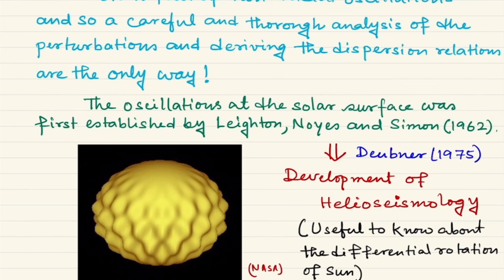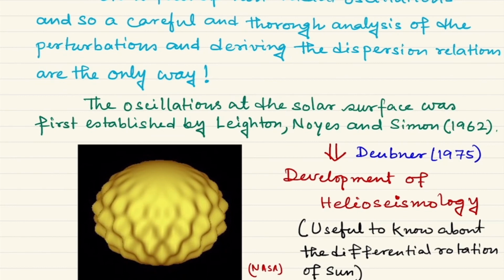Now it is of course a question why this is useful. Other than the oscillation mechanism and the luminosity and temperature variations of the Sun periodically, there is another very interesting and fundamental utility of helioseismology: it helps us know about the differential rotation of the Sun. The Sun does not rotate like a solid body.